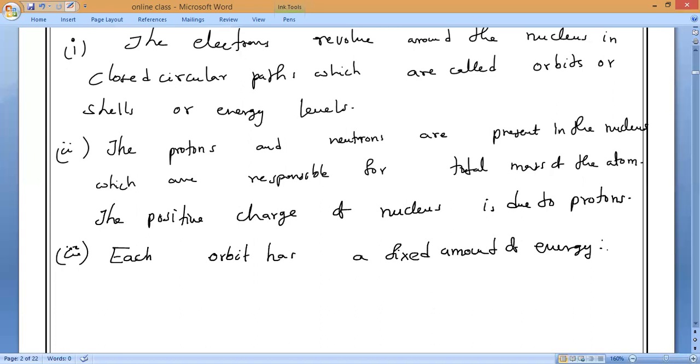Therefore, orbits are also called energy levels.